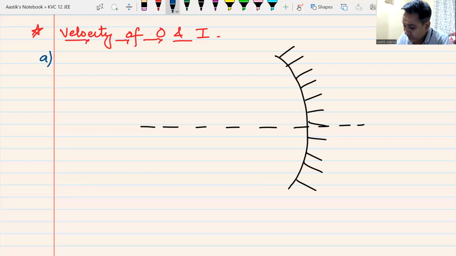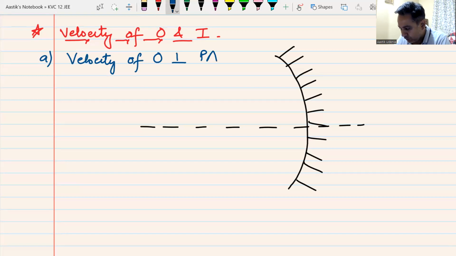Case number A, velocity of object is perpendicular to PA. Do we understand the meaning of this? Velocity of O is perpendicular to the principal axis.